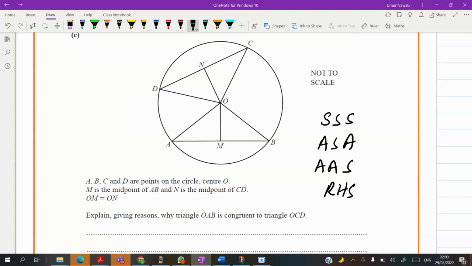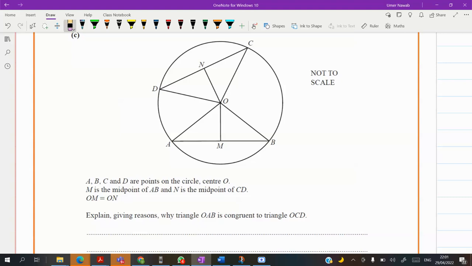These are the four properties for congruency. If the three sides of one triangle are equal to the three sides of the other triangle, we say that by the property of triple S, they are congruent. Congruent means those shapes which are totally the same. If you put them on top of each other, they will exactly match.